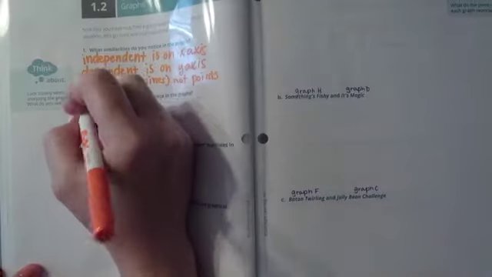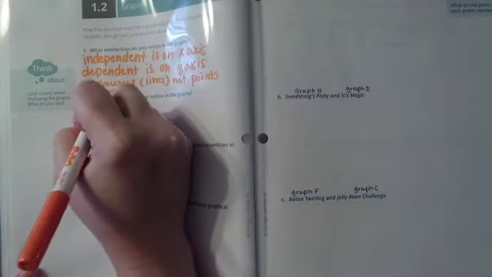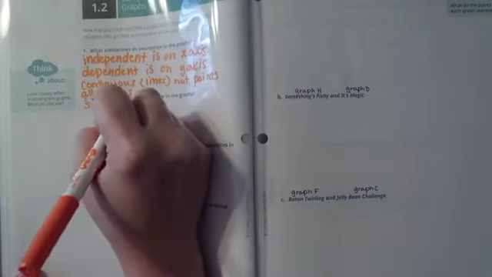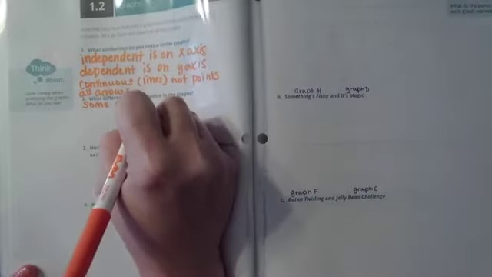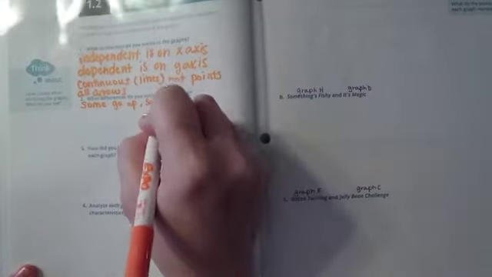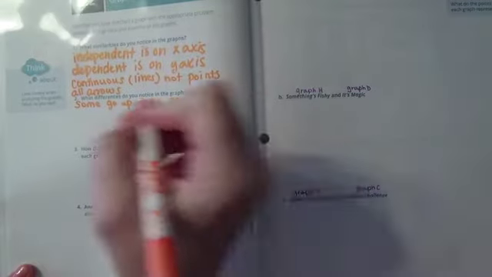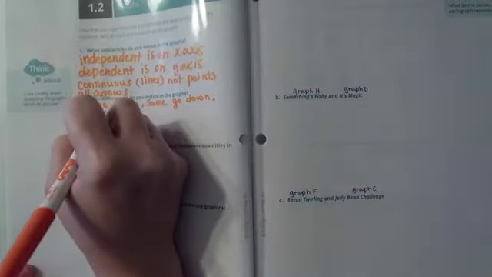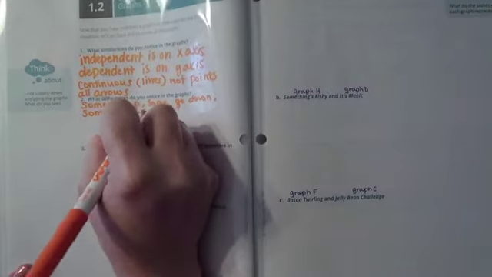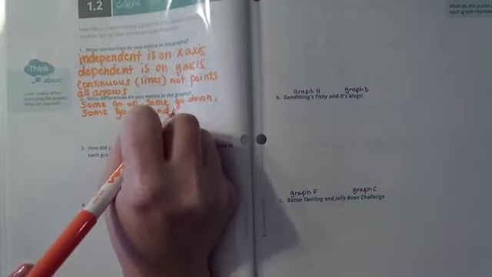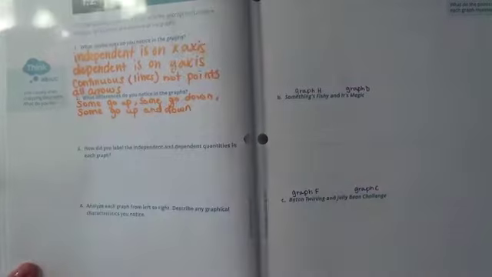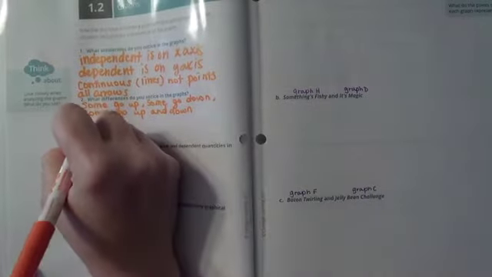So what differences? Some go up. Some go down. Some go up and down. We also saw one that had multiple parts.